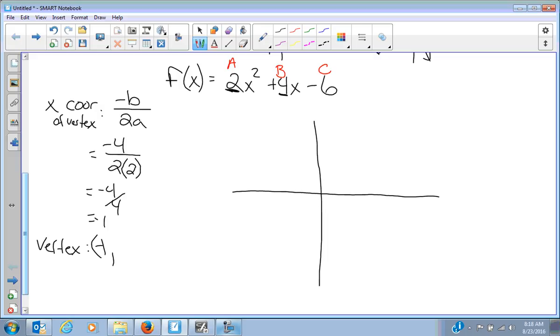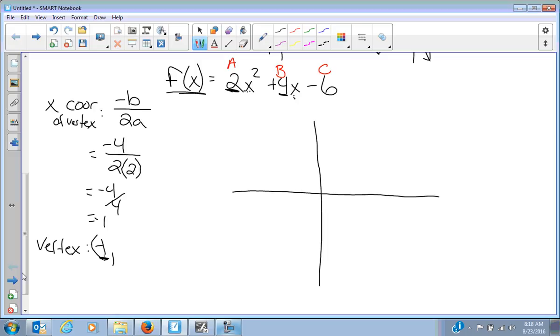No. How did I say yesterday, and this is what you've got to get down, guys, when you're in an equation and someone gives you an x, or you find an x, how can you find the y that goes with it? Plug it in. This is the x. How do you find the y? You plug negative 1 into x, and you'll simplify all this and figure out what the y value is. Are you with me?